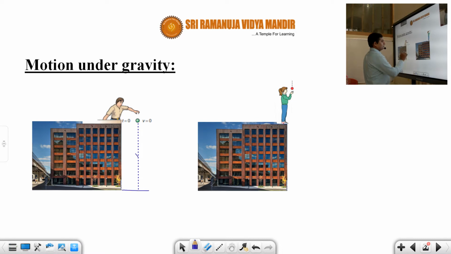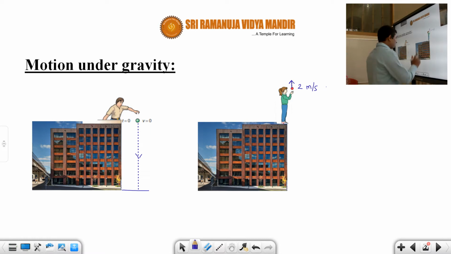Now suppose the same ball, from the top of the same building, you throw upwards with some velocity, let us say 2 meters per second. Here you don't have to project it with any velocity, you just drop it. Now what will happen, students? Will it go upwards continuously?